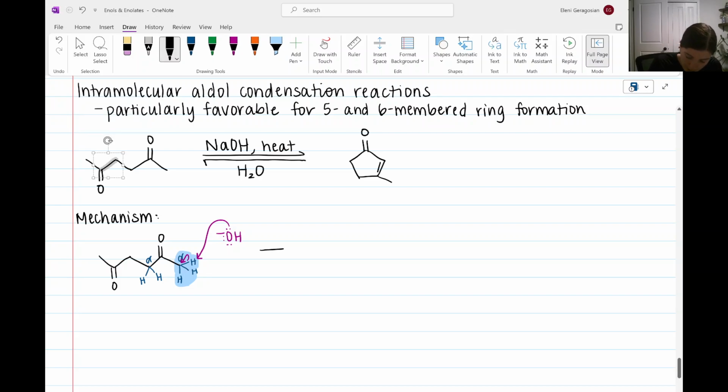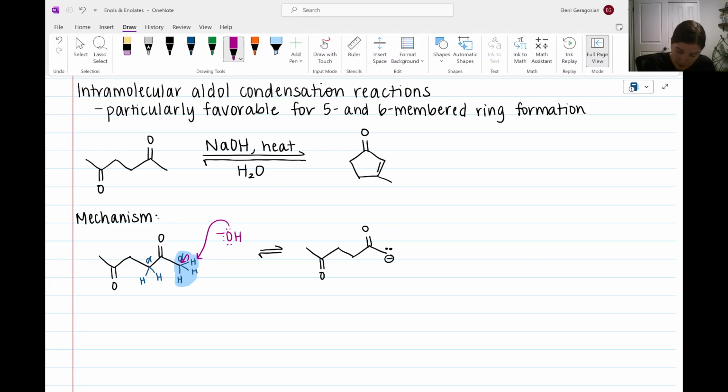All right, we remove a hydrogen, we form an enolate. We'll show the negatively charged carbon in the mechanism here. So negative charge over here, and we still have our carbonyl. So now we have an enolate towards the right side of the molecule and our carbonyl towards the left.